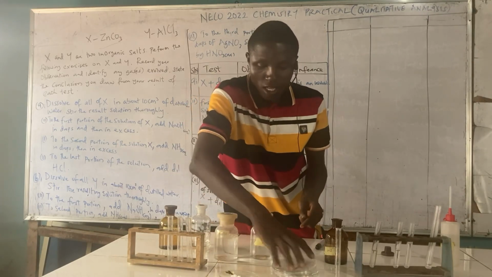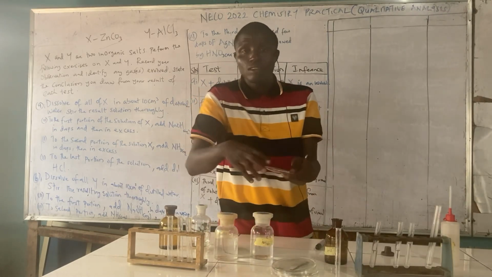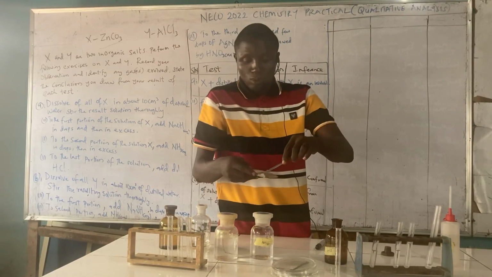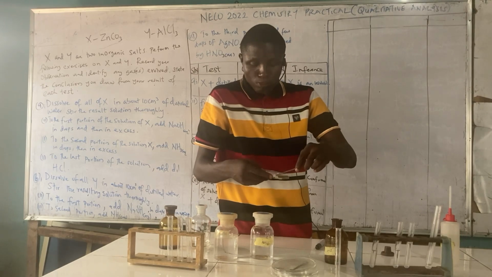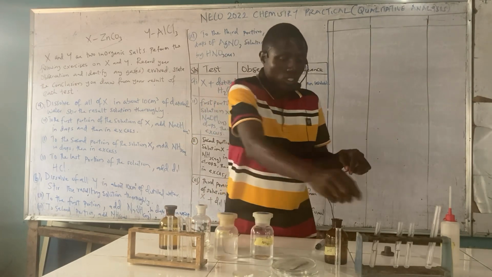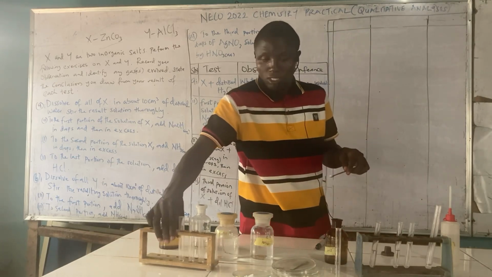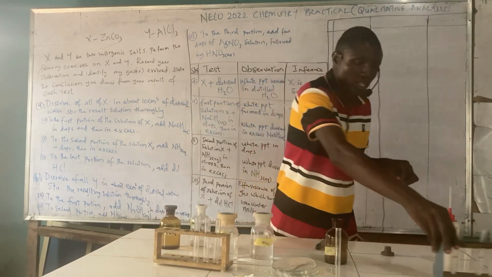The second salt here is aluminium chloride, but they won't call it aluminium chloride for you in the exams. It will be labeled Y. That's why I labeled it Y. So take one spatula of this, and let's use this set of test tubes so that we won't confuse ourselves.